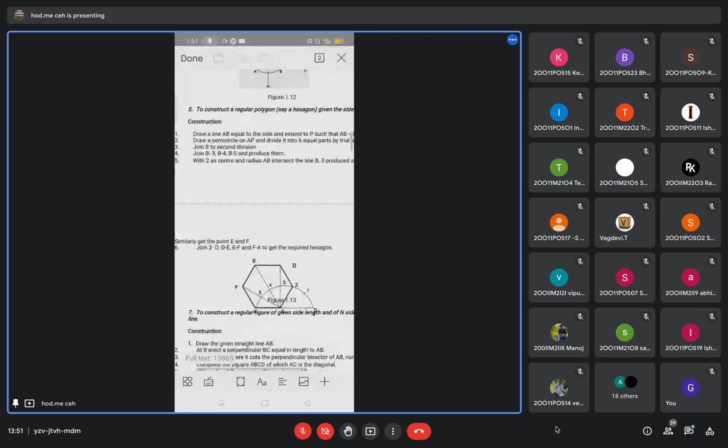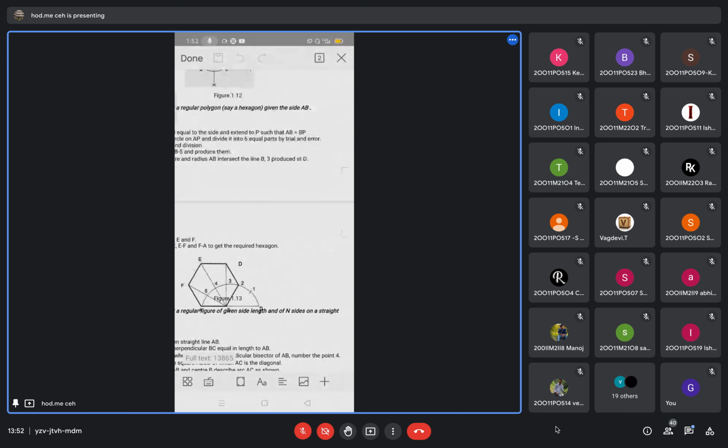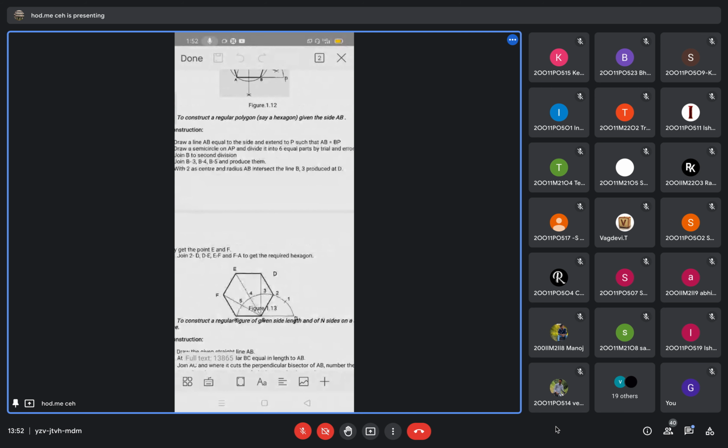Draw the semicircle on AB, and divide it into 6 equal parts by trial and error. 1, 2, 3, 4, 5, 6. Only for the semicircle, the angle is 180 degrees; a full circle is 360 degrees. The semicircle of 180 degrees is divided into 6 equal parts by trial and error.